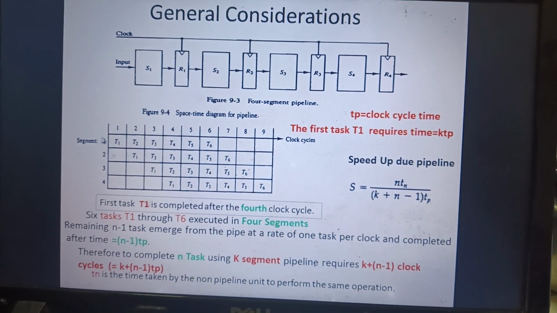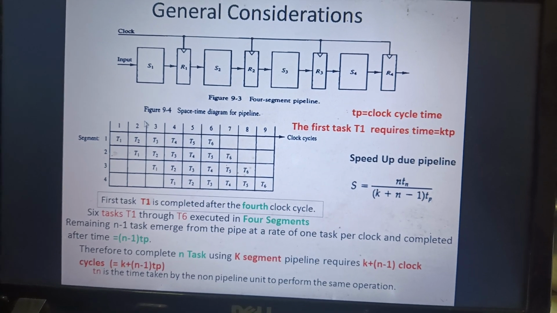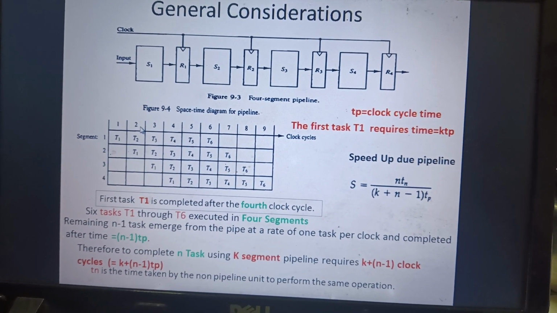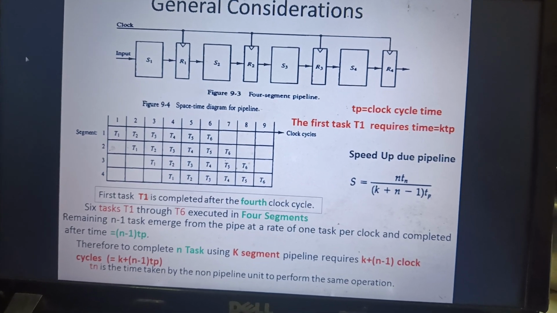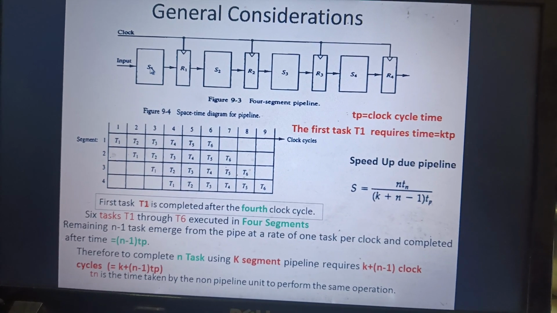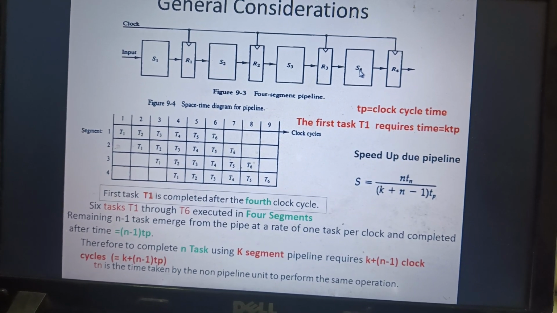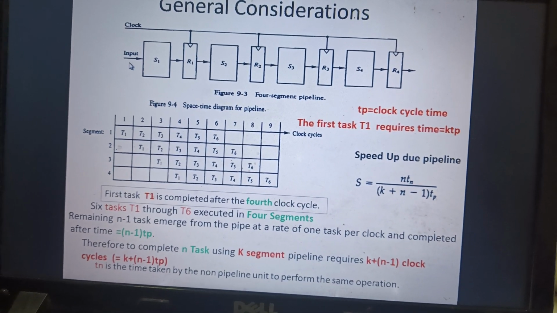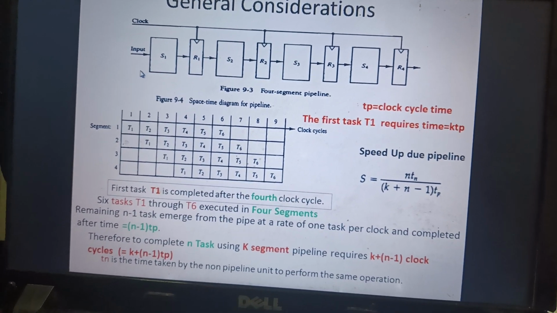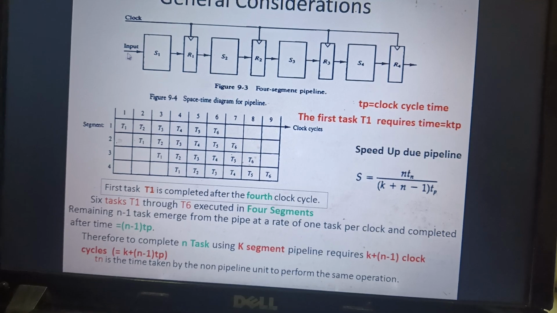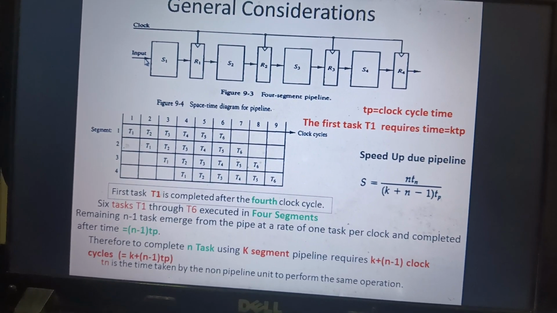Here we have shown this. Assuming that we need to perform six tasks, in the sense six jobs. Each job, remember, is divided into four segments, sub operations or segments. Assume that the operands of the first task will enter here.